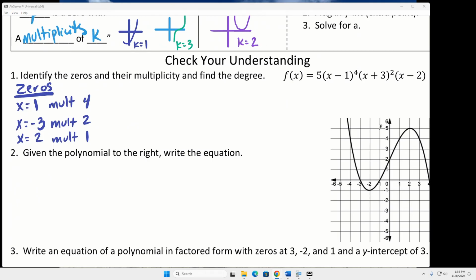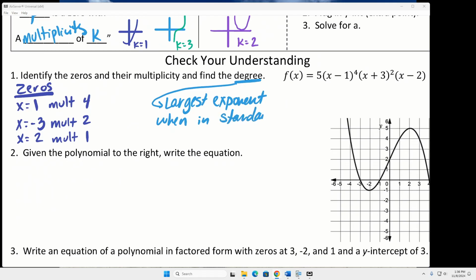The second part says to find the degree, and we haven't talked about that this year. So the degree is going to be the largest exponent when in standard form. Now, f is not in standard form, and I personally don't want to multiply it all out. That would take forever. We'd have to multiply x minus 1 times itself 4 times. It would be a mess.